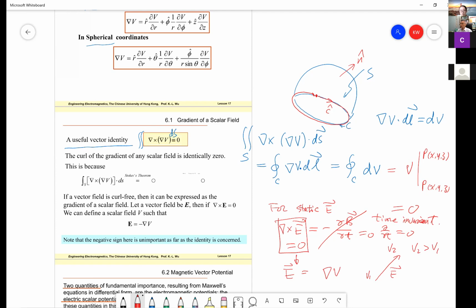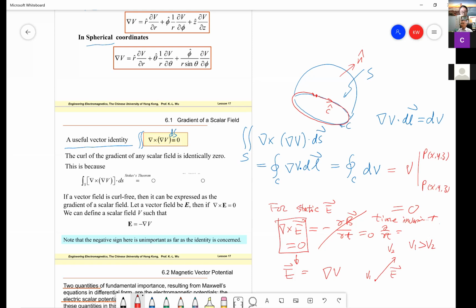Oh, sorry. So this integration is from, in this case, V1 is larger than V2, sorry. V1 is larger than V2.